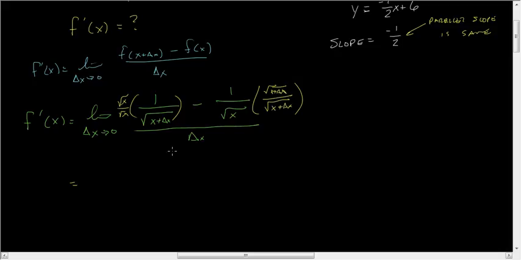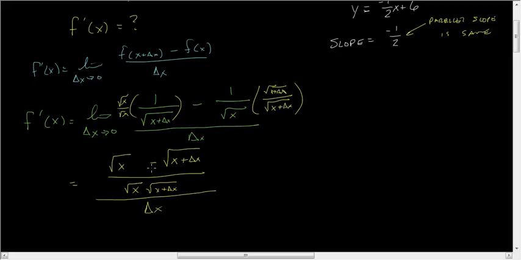And so the numerator is going to be square root of x minus square root of x plus delta x, all over the square root of x times the square root of x plus delta x. And that's still all over our change of x, and that's the limit as delta x tends to 0.